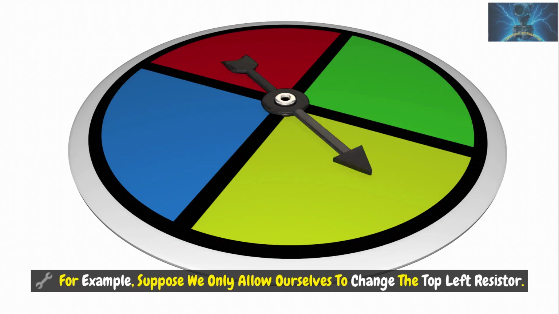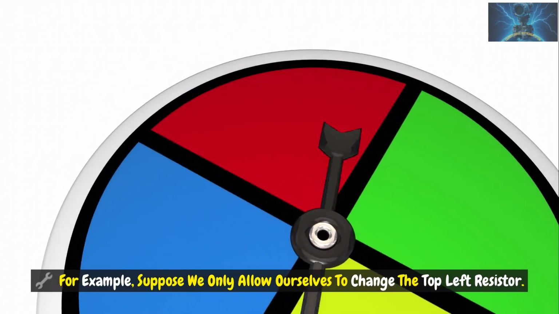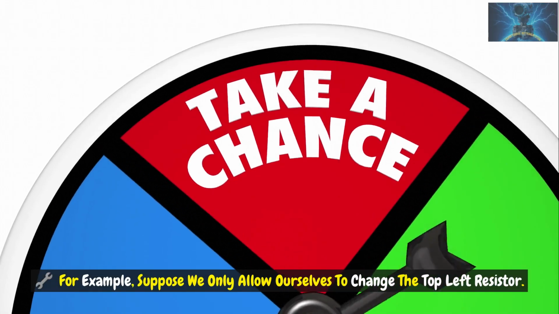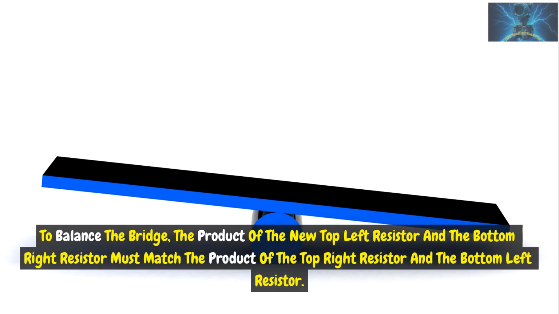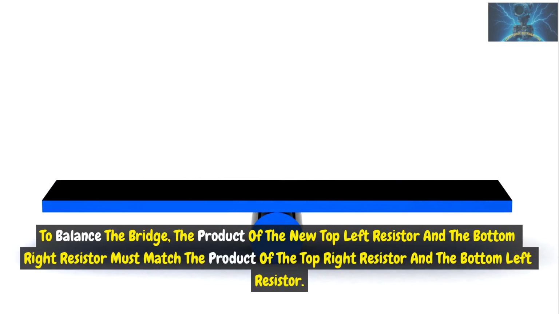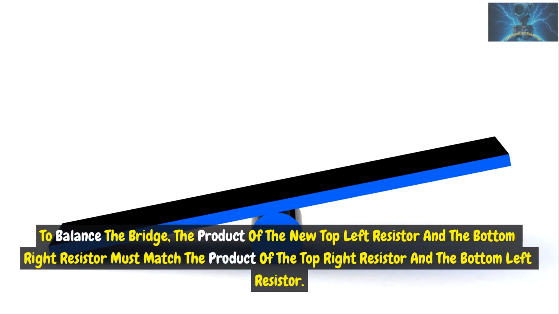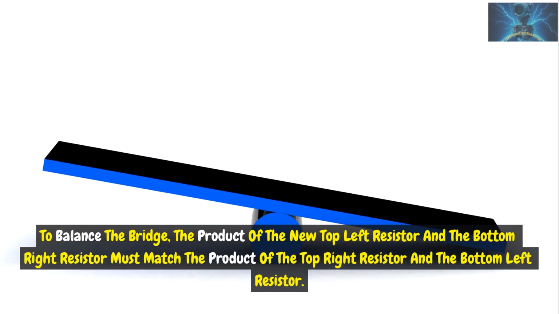For example, suppose we only allow ourselves to change the top left resistor. To balance the bridge, the product of the new top left resistor and the bottom right resistor must match the product of the top right resistor and the bottom left resistor.